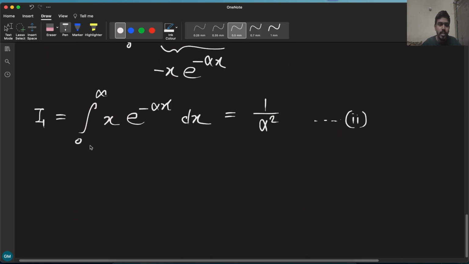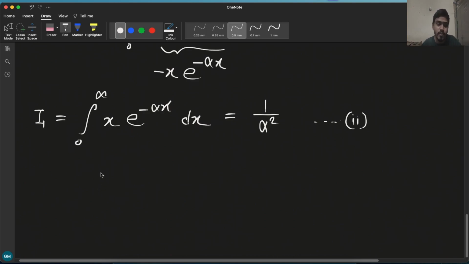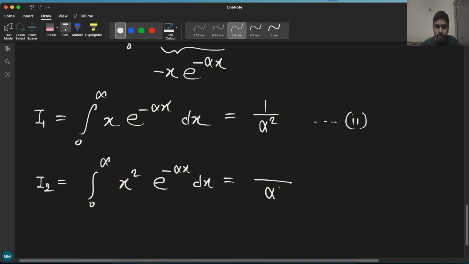Okay. Similarly, if I differentiate it again with respect to alpha, I will get I2 equals integration from 0 to infinity. You can do it as a homework. It is x square e to the power minus alpha x dx equals 1 by alpha cube times 2.